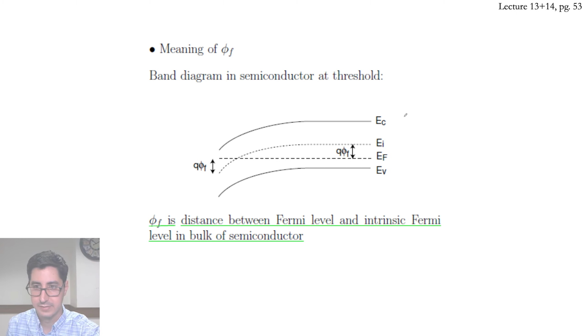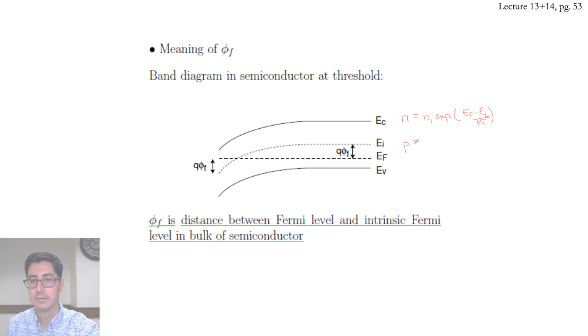I can write that N is equal to Ni times the exponential of EF minus EI over kT, at some point, right?